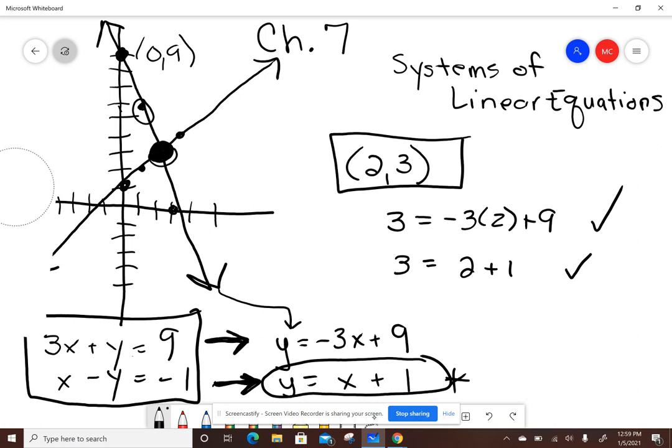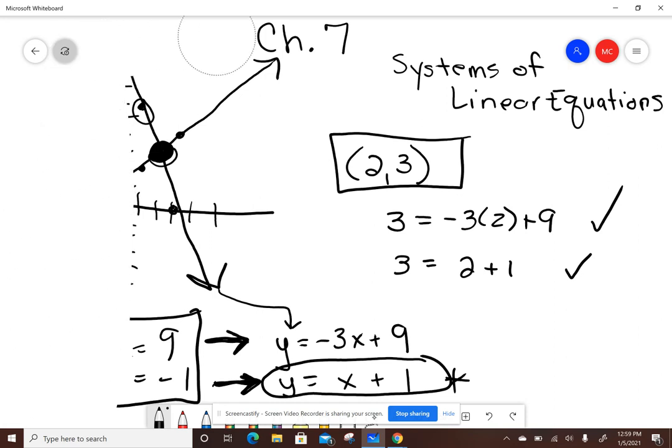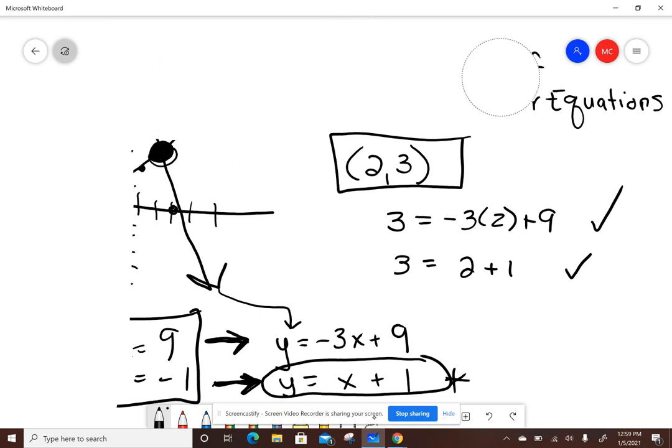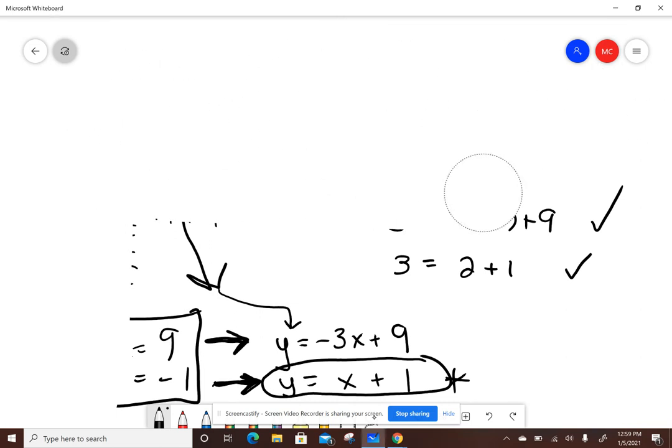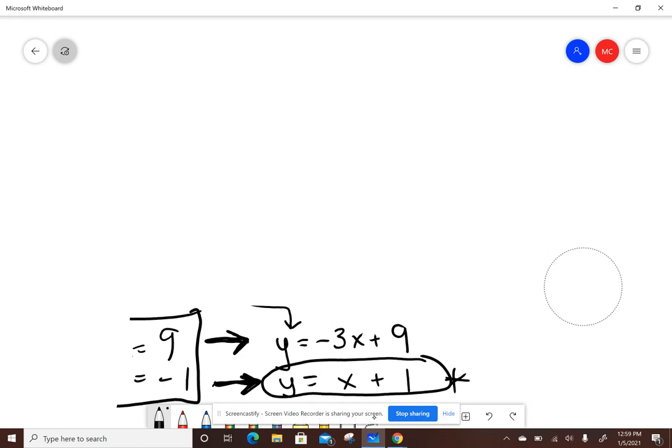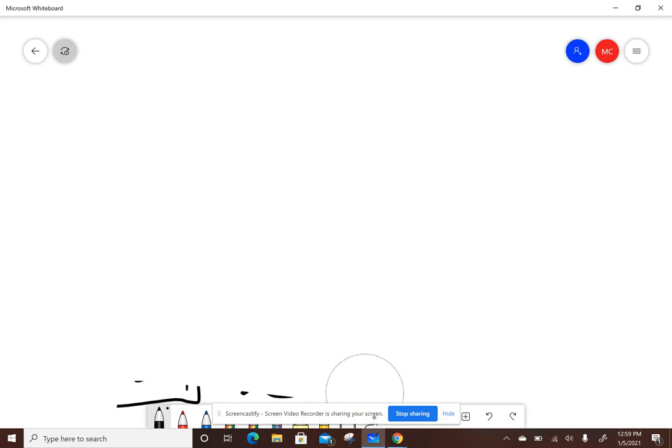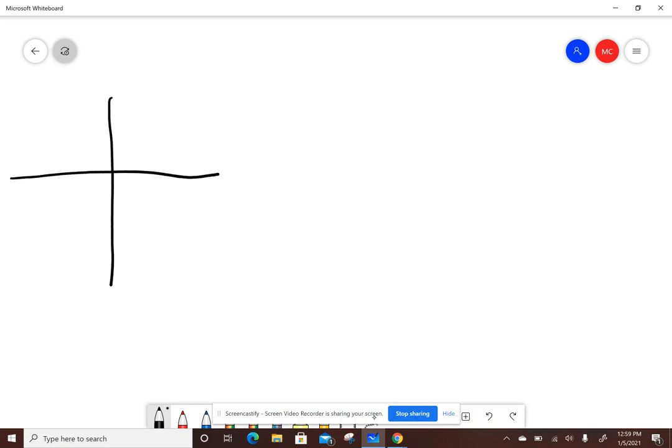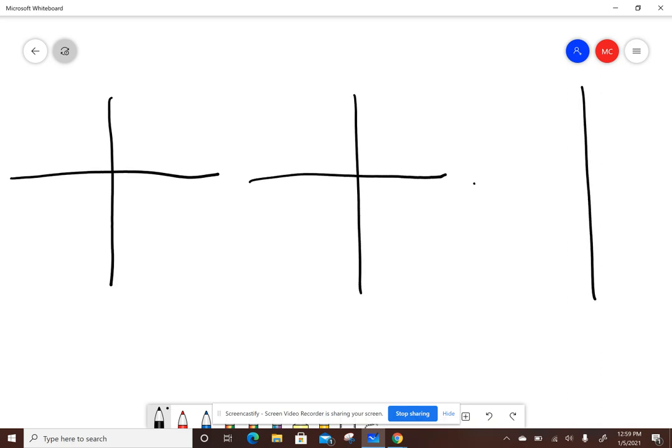Okay, so one way to solve a system of equations, or to find the solution for a system of equations, is to graph our equations. So I am going to give you a preview right now of the 3 possibilities you can get when you graph a system of equations.